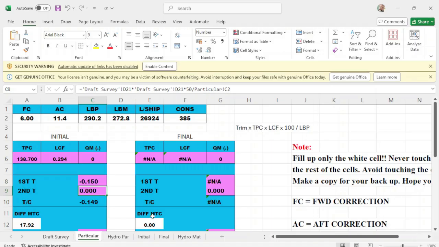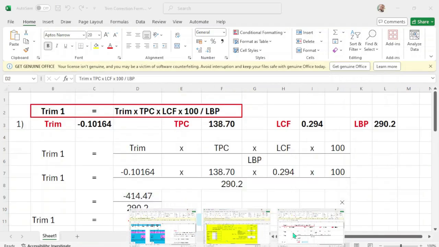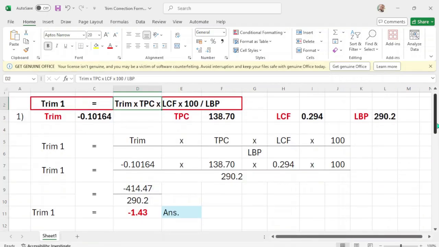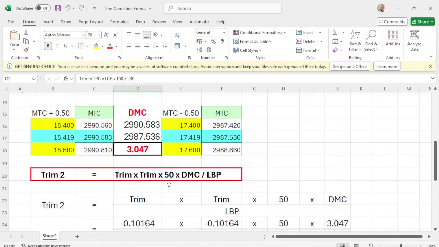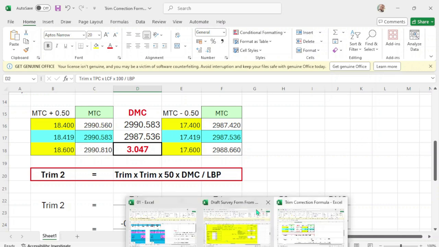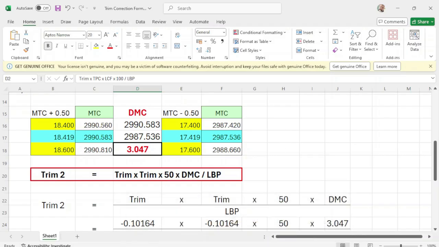Then we have, take this one out. Then we have second trim. Second trim is trim times 50 times DMC. How to get this DMC is this one, DMC. Okay, you go to your hydrostatic table.